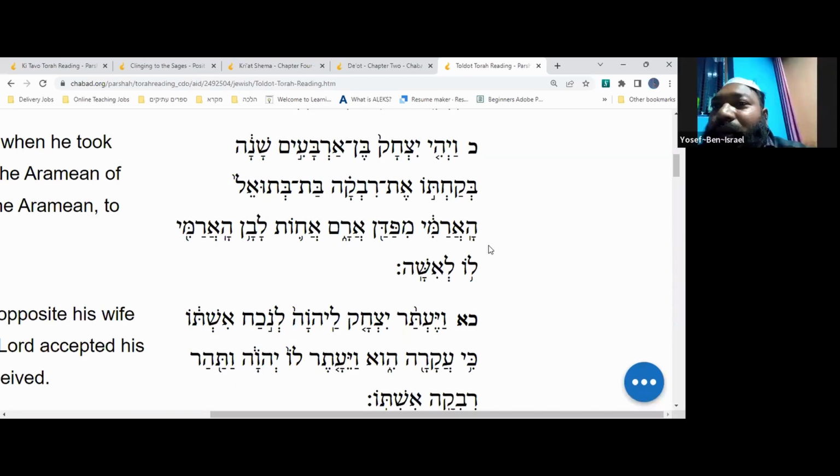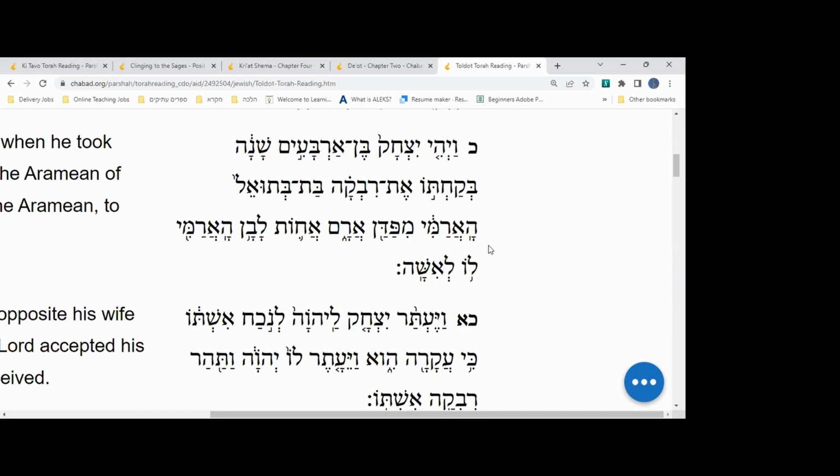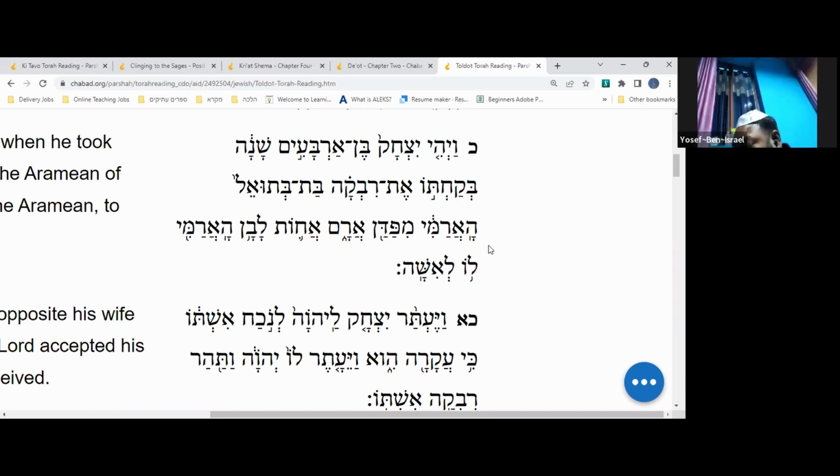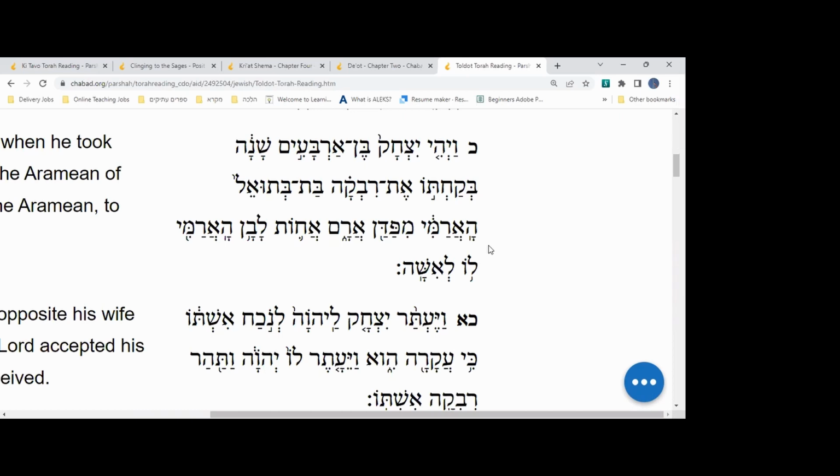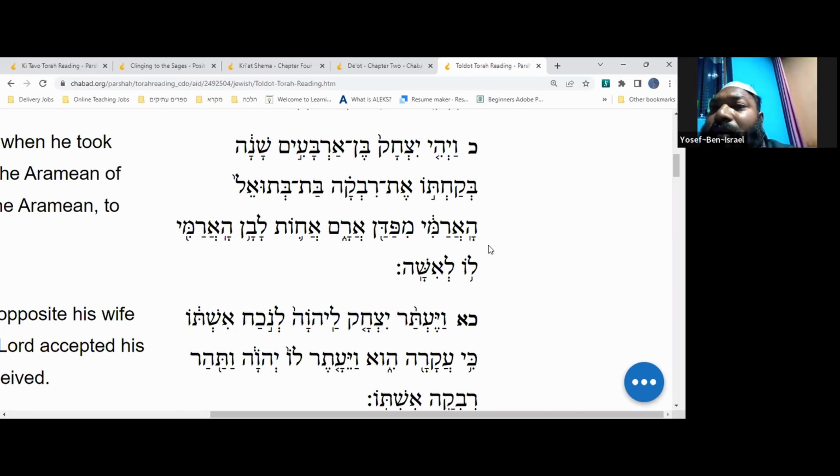So what is this below the hey, the kamats, and this horizontal line? It's a meteg. It tells you to emphasize a syllable. It does the same thing a ta'am will do. It tells you which part of the word to emphasize.